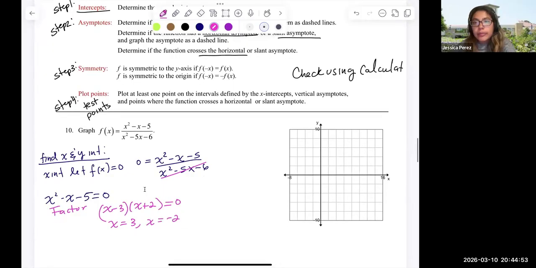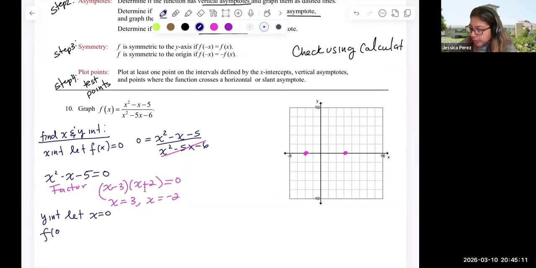Those are my x-intercepts. So let's go ahead and plot these. Negative 2, 0, and 1, 2, 3. Okay, those are my x-intercepts. For my y-intercept, you let x equal 0.